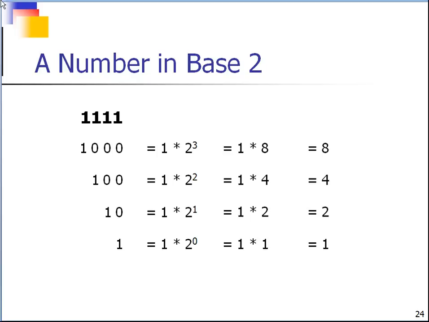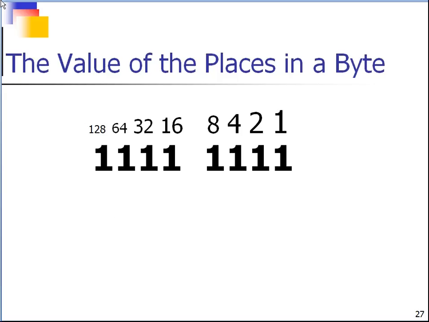And then if you carry it out, we can see what each one of these is worth as a placeholder. You add them up. 1111 in base 2 is 15 in base 10. 1111 doesn't have very much meaning to most people. So we need to convert it to make sense of what the computer's doing.